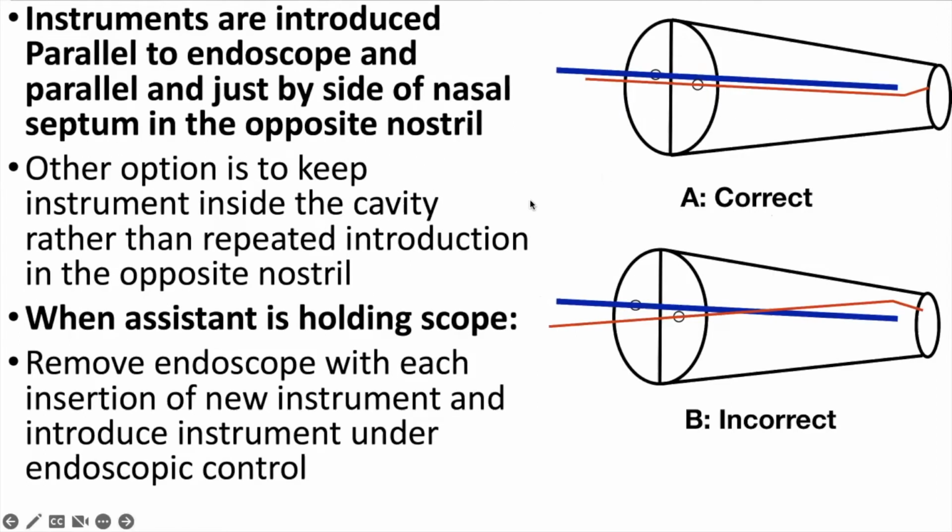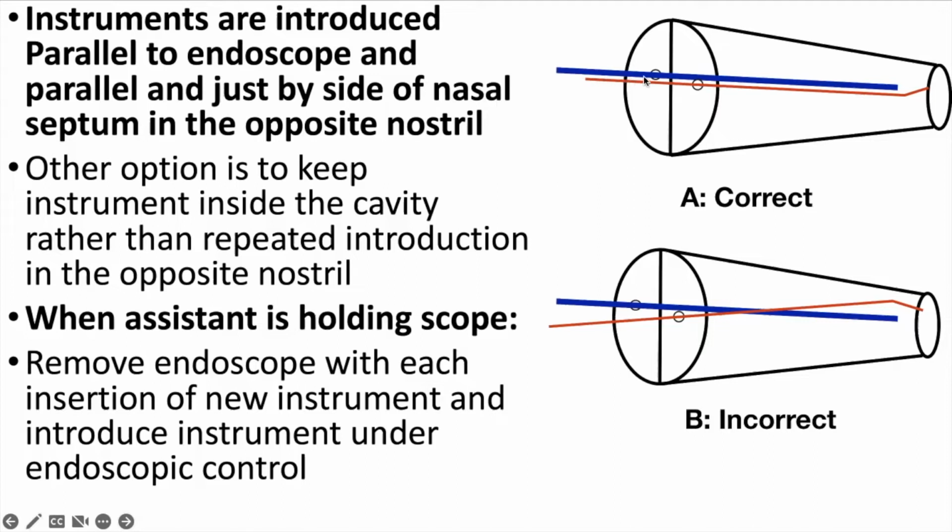A word about how to introduce instruments from the other side, especially when you are using the endoscope holder and you have stationed the endoscope in one nostril. So how to introduce instruments from the other nostril? The trick is that the instrument should be parallel to the endoscope, and these should be parallel to the nasal septum.